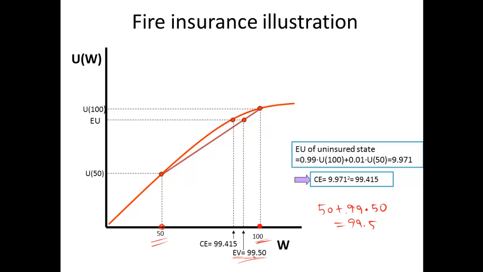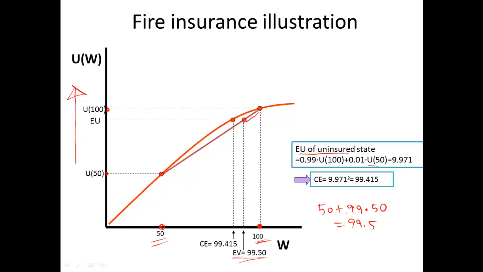What about the expected utility of being uninsured? Well, that is 0.99 times the utility of 100, so it's 0.99 times this quantity, plus 0.01 times this quantity. So what we're doing is moving 1% of the way along this line, from here to here. So there we are. And now the how-happy dimension is this dimension.